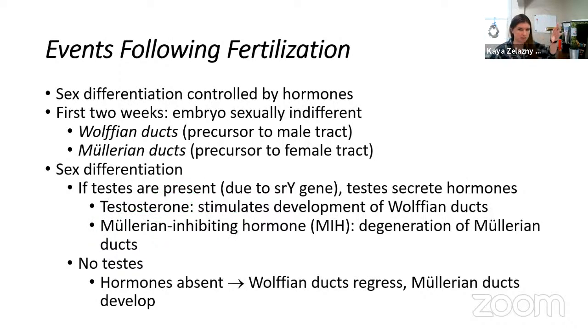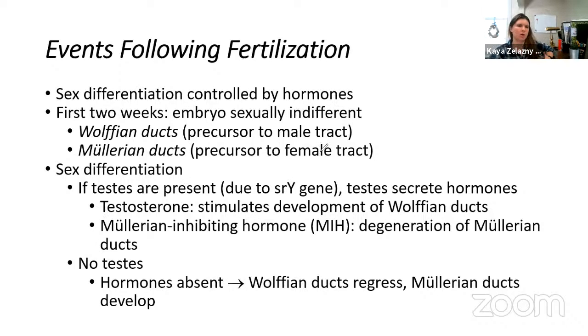You'd have to have the SRY gene producing testis determining factor, creating these testes, and then the testes are going to secrete testosterone and Müllerian inhibiting hormone if we're going down the male route, leading to a male reproductive system.